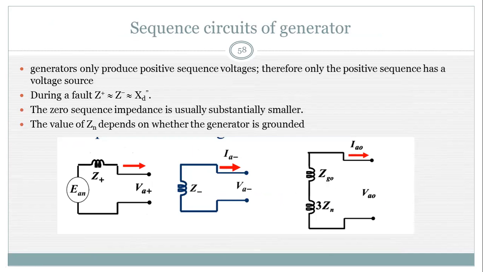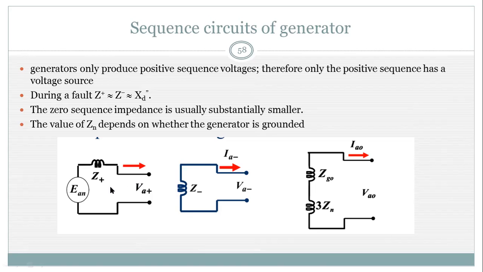If this is a generator, then we know the generator generates the voltage as a positive sequence network. So only in the positive sequence circuit is the generated voltage present.